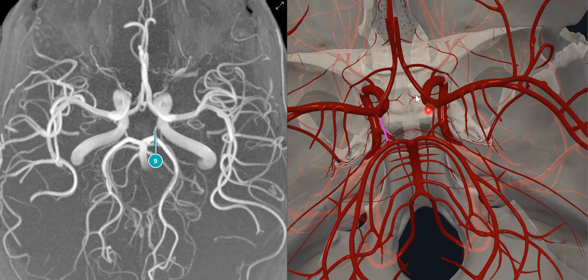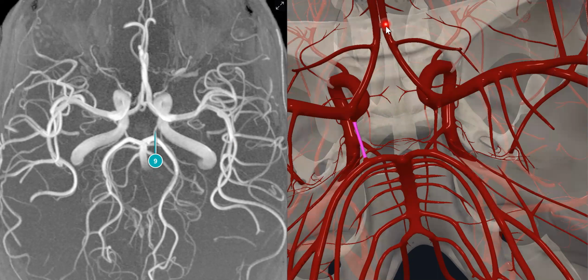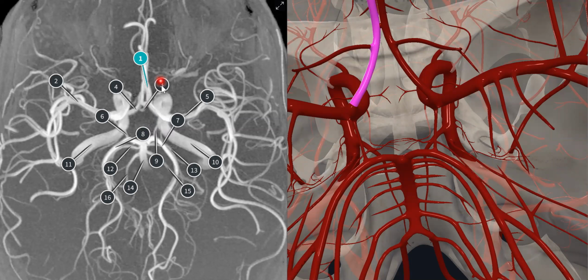The anterior cerebral artery right one and left one are connected by a small branch here called the anterior communicating artery. It is very, very small, and it is number 3 here. As you see, it is very small.